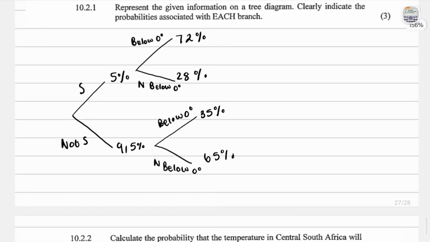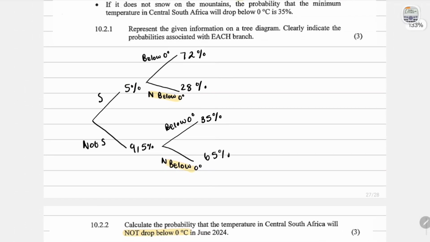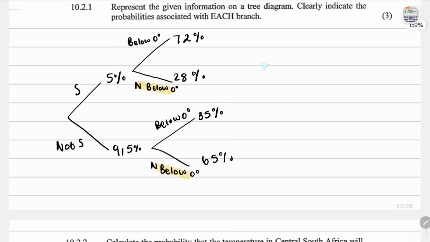Notice the places where we have not below 0. That's here and that's here. So we're going to take the full probabilities. This has a lot to do with the outcomes. When you're looking at the outcomes of everything, you're going to look at them across their branches. So we'll have a situation like this, where we can say the probability that it snows is 5%.